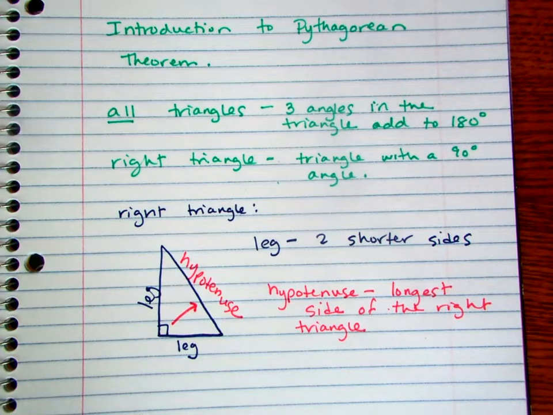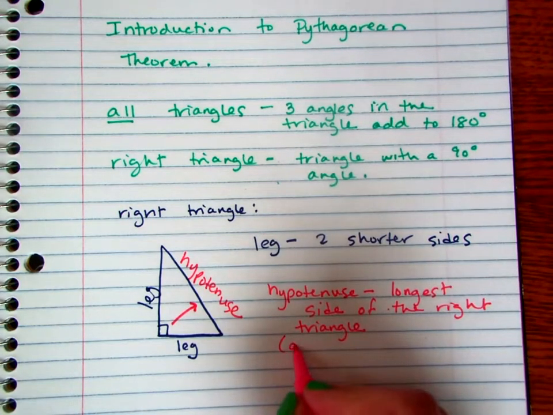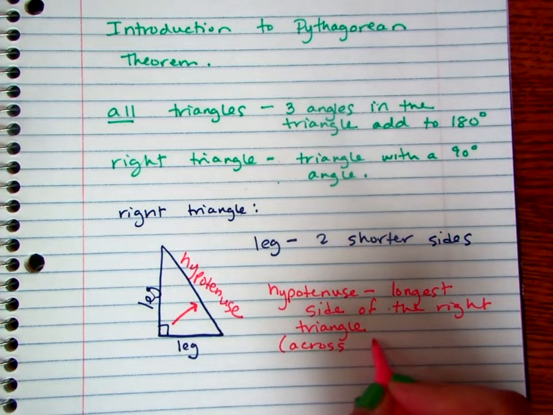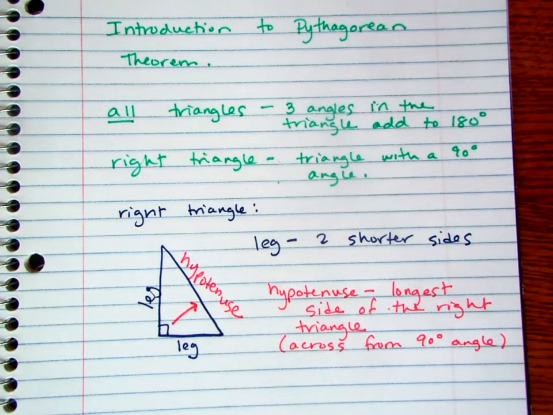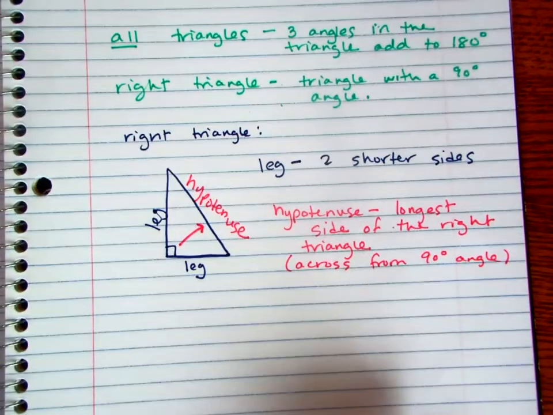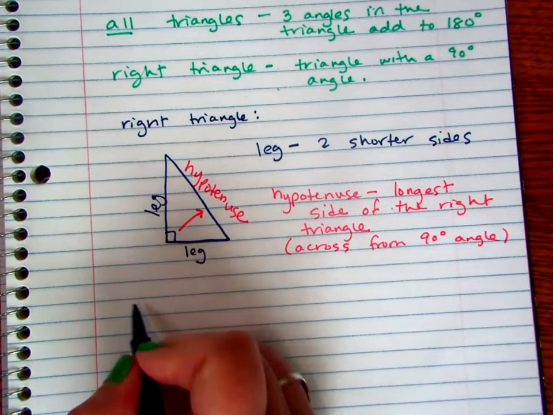All right, so anyway, this one is always across from the 90-degree angle. Okay, so what the Pythagorean theorem says, and again, this only works for right triangles.